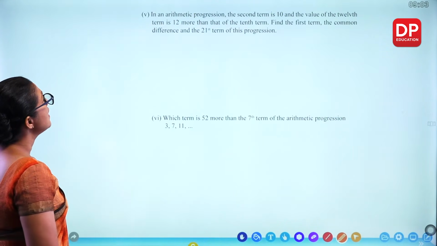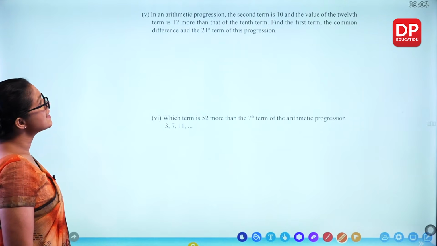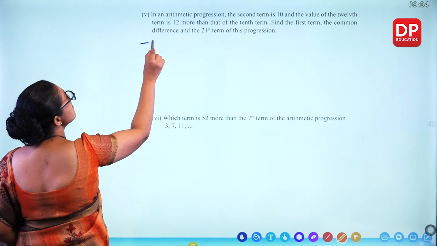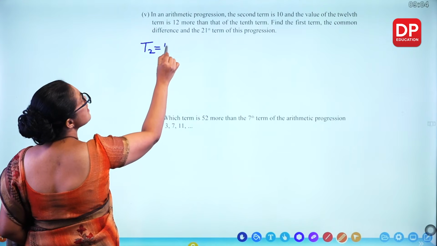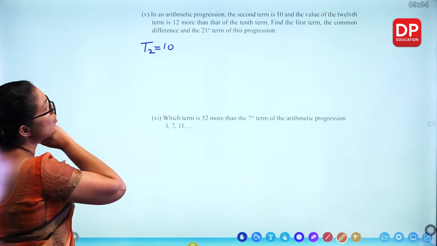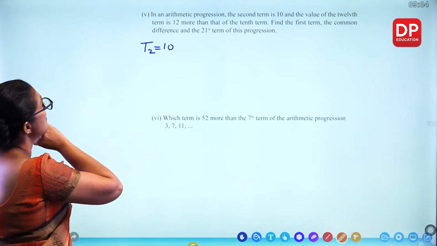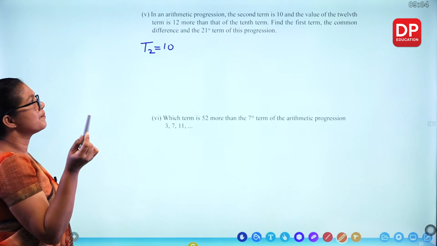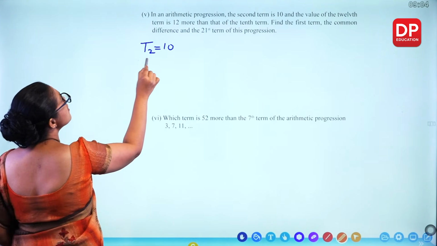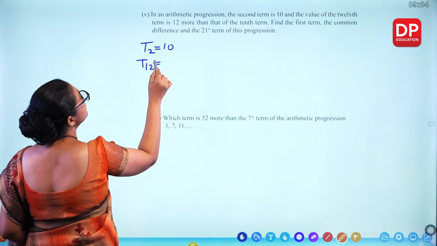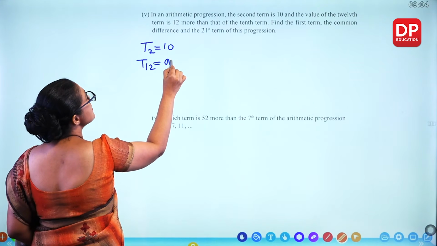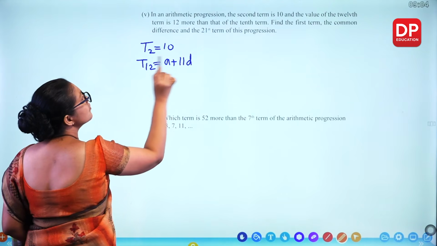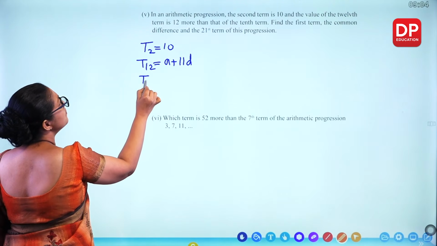Part 5. In an arithmetic progression, the second term is 10. So T2 equals 10. And the value of the 12th term is 12 more than that of the 10th term. So what is the 12th term? A plus 11d. What's the 10th term?